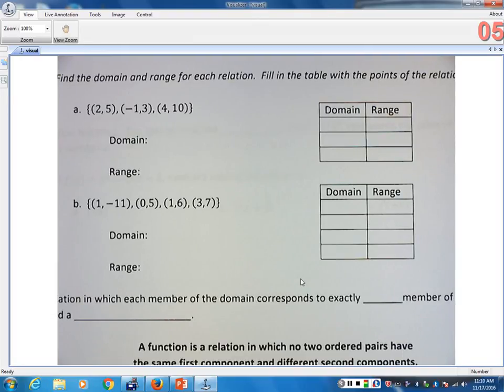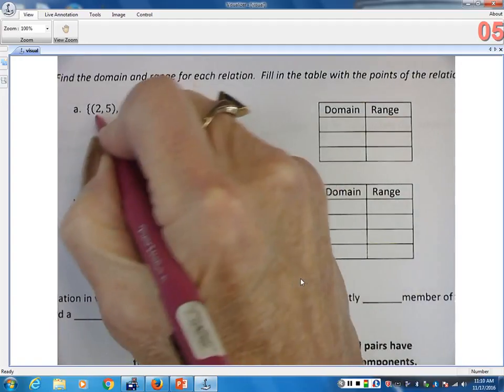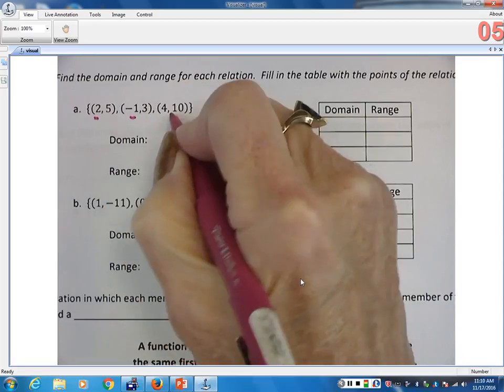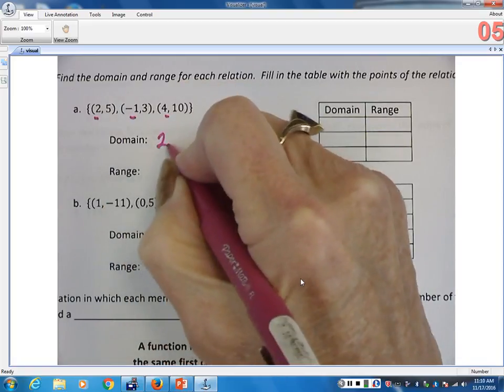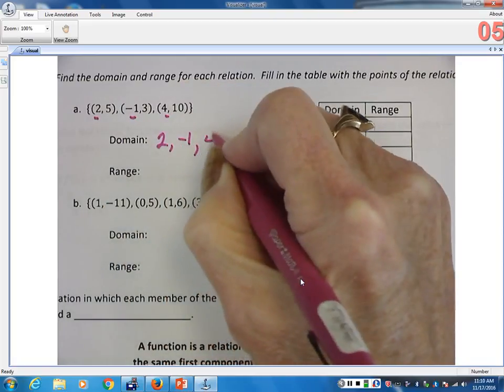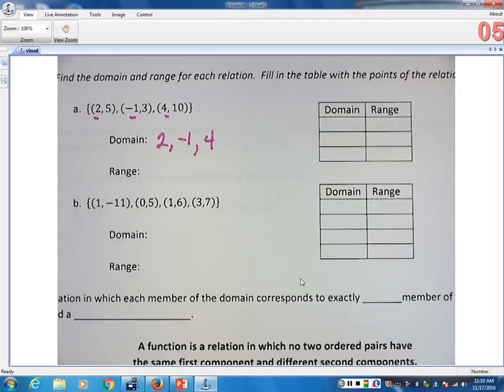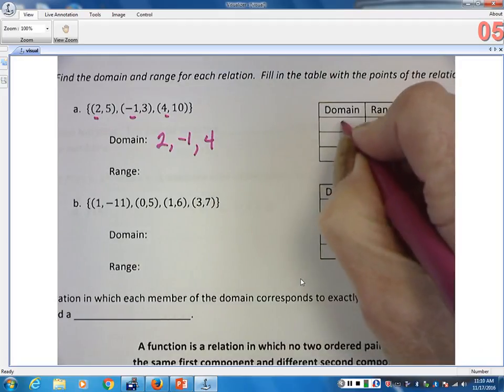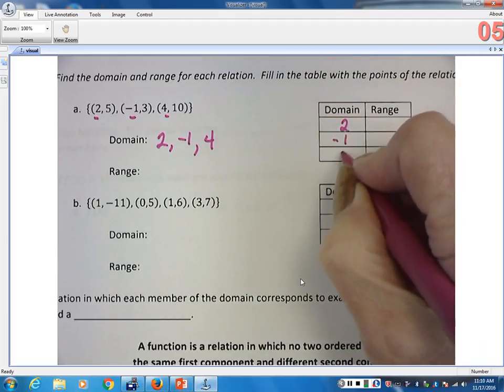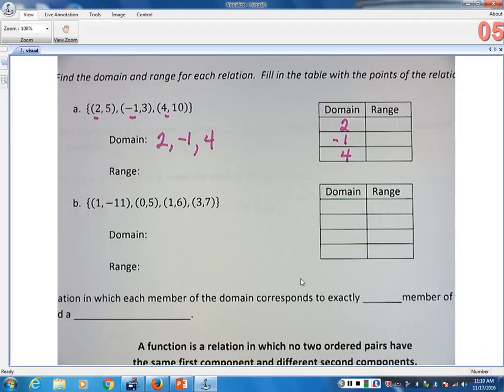So for the domain of the first function, anyone want to volunteer what they think the three domain values are? 2, -1, 4. That's right. The domain is always the first value. A lot of times it'll be listed in a table. So we'll do that too.